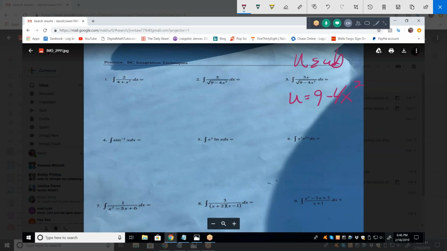First thing I do is the differentiation, du dx equals negative 8x, which makes du equal to negative 8x dx.